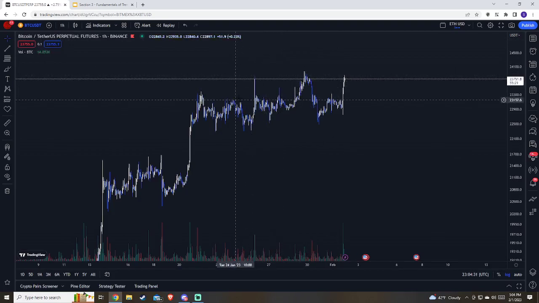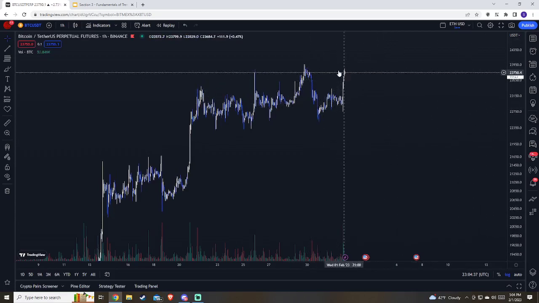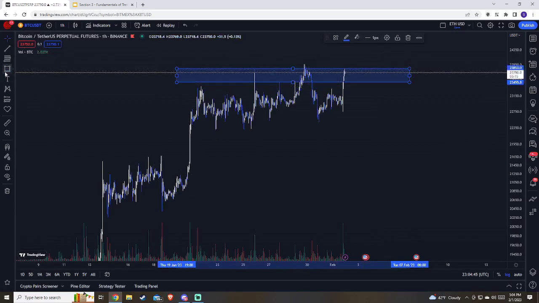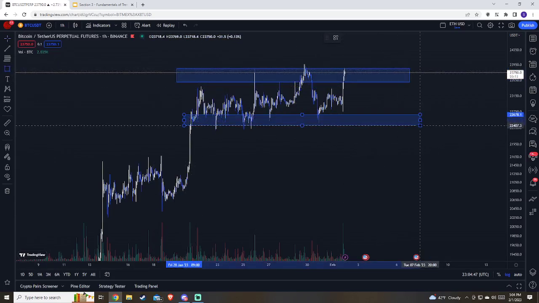Now we do want to look for characteristics of, is this potentially a distribution that's happening? And remember, we just want to trade the top ranges and the bottom ranges, right? So in these consolidation zones, you take the top range, you take the bottom range, and these are the ranges that you want to trade, okay?